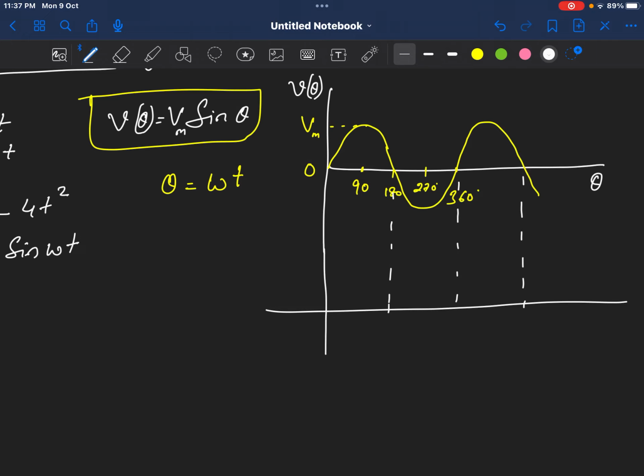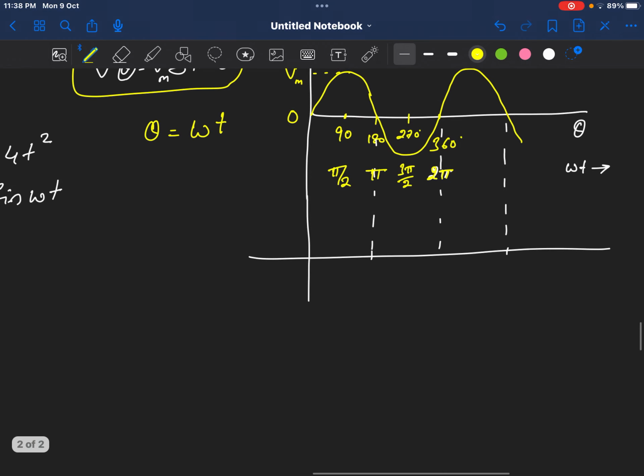We know that theta is equal to omega t here. We can also represent this angle in terms of radians. Instead of 360 degrees, we can write 2 pi. 180 degrees can be written as pi. This can be written as pi by 2. And here it is written as 3 pi by 2.